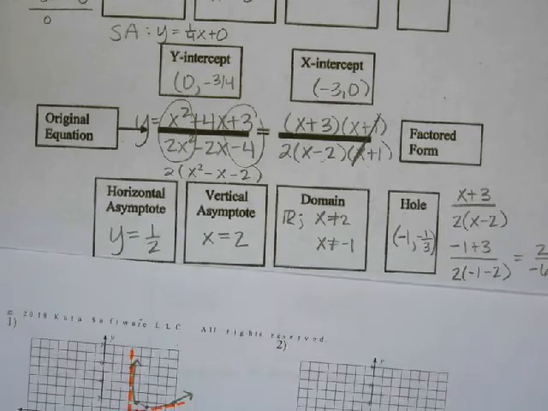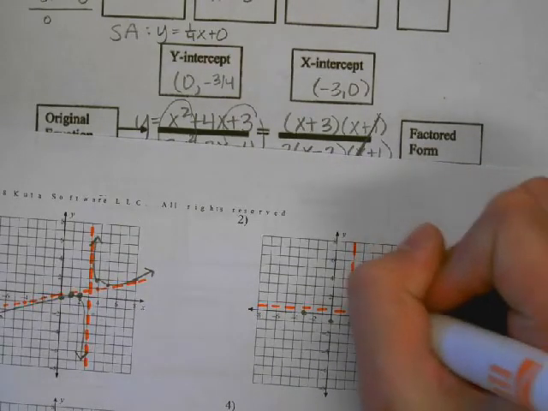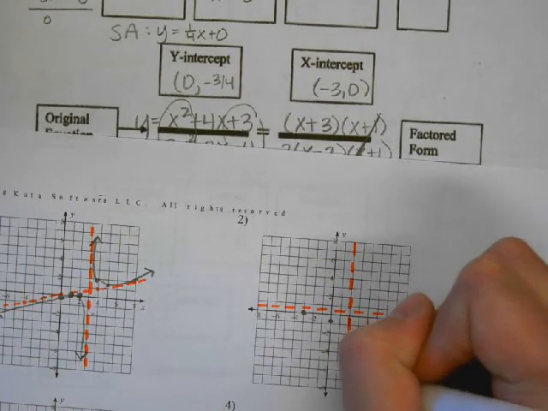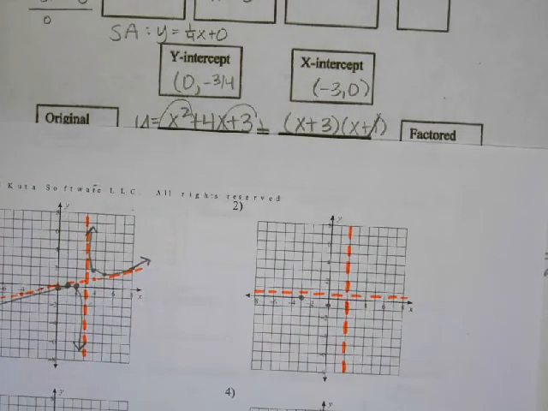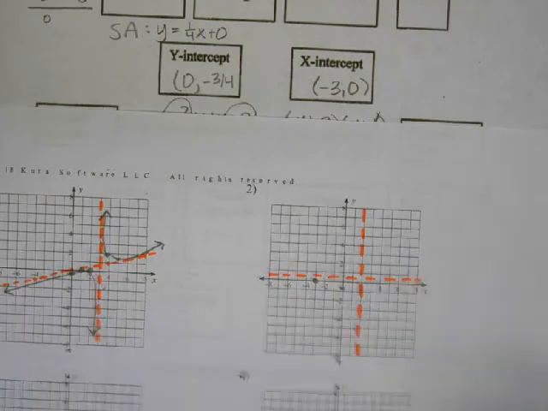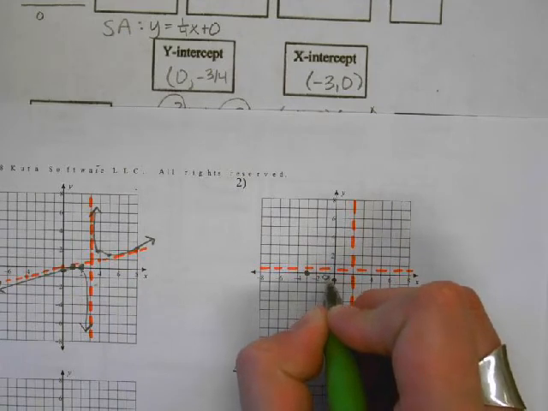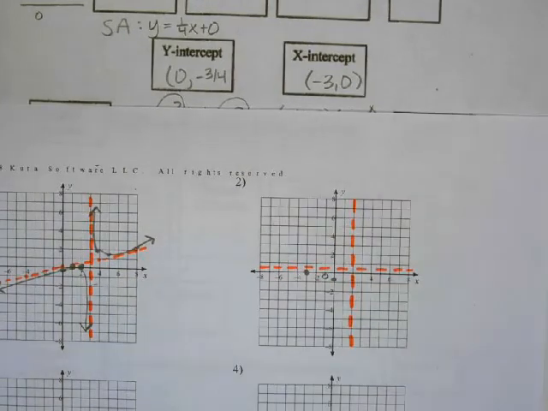And a vertical asymptote at 2. And there's a hole at the point -1, -1/3. So left 1, down 1/3. I'm putting a point there, but I'm not filling it in.